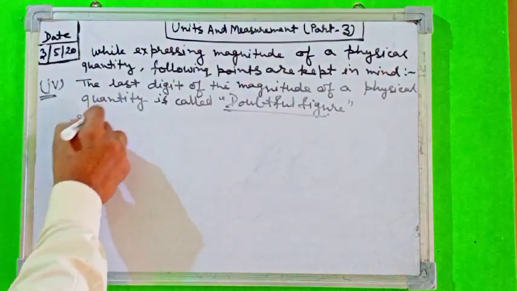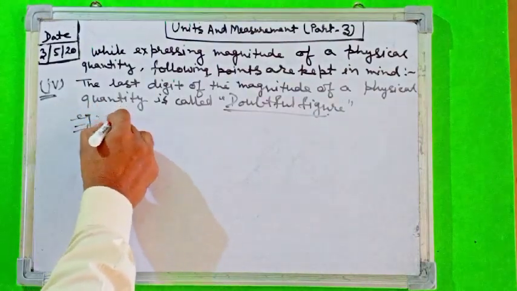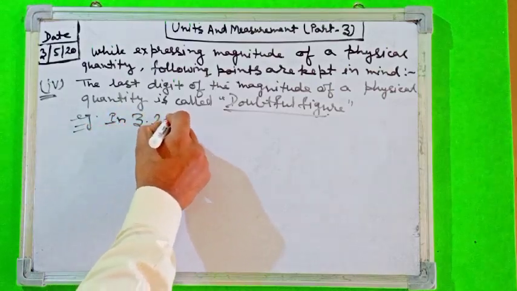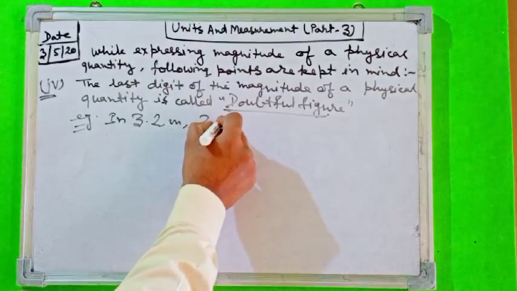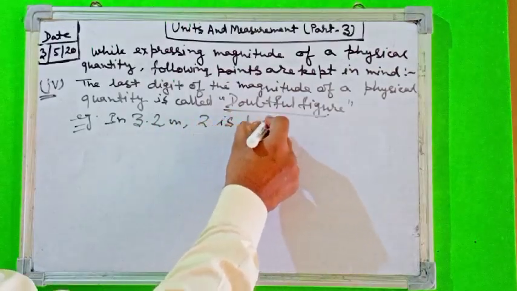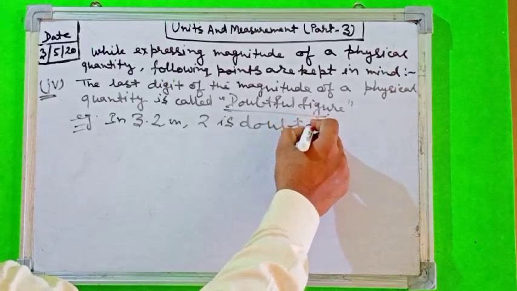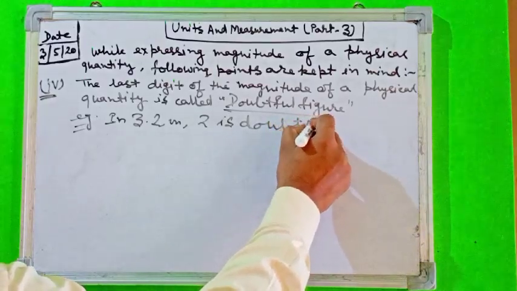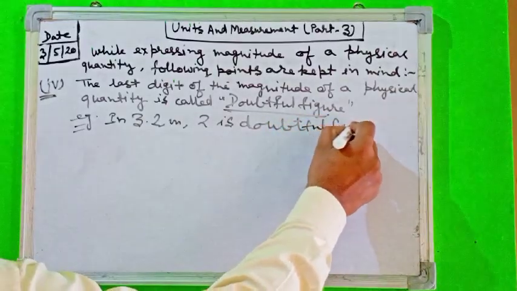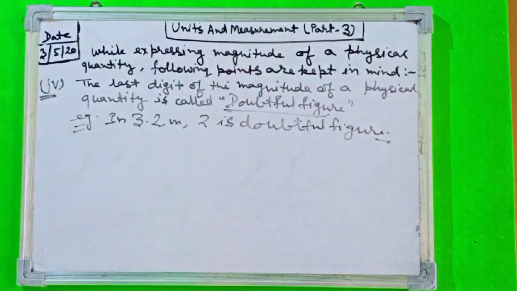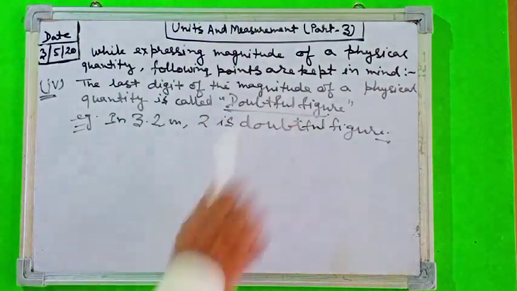Example: in 3.2 meter, 2 is the doubtful figure. What it means to say is that 2 is the last digit of the magnitude.